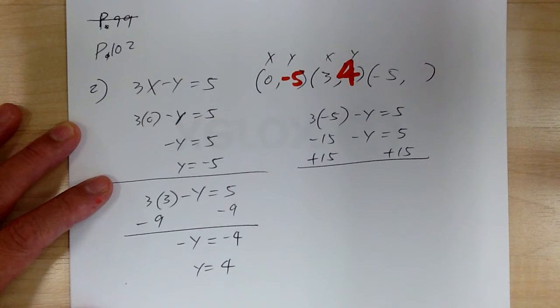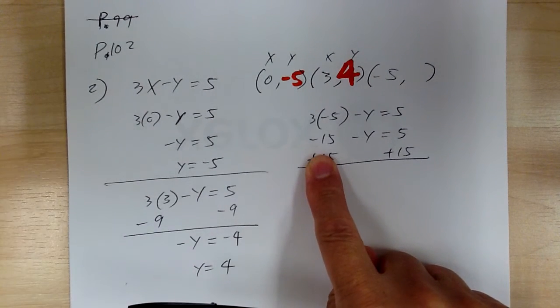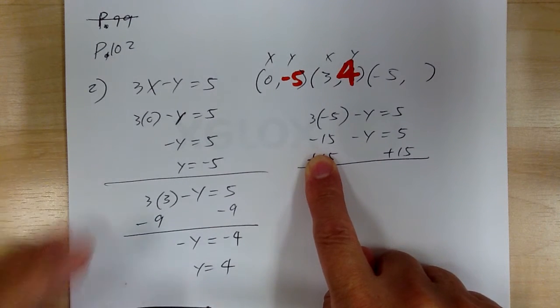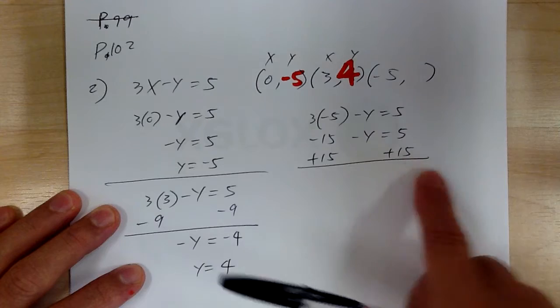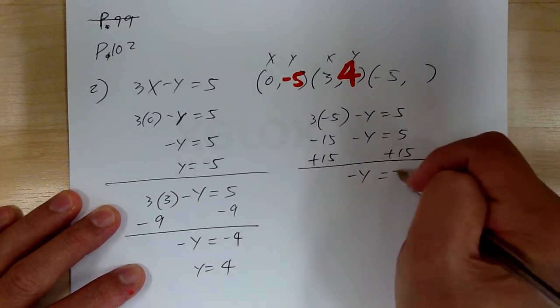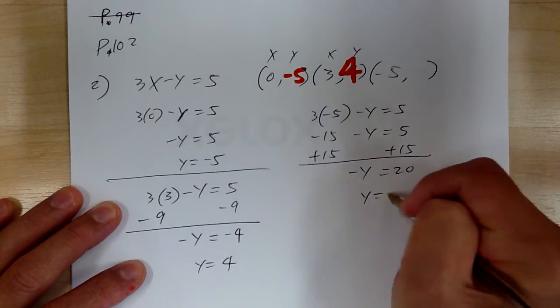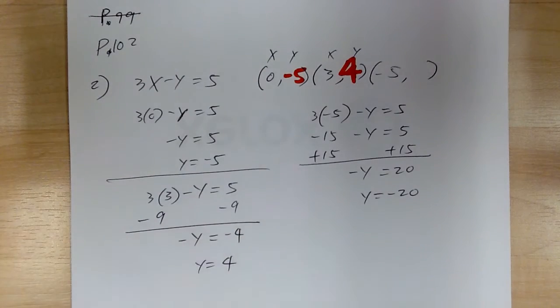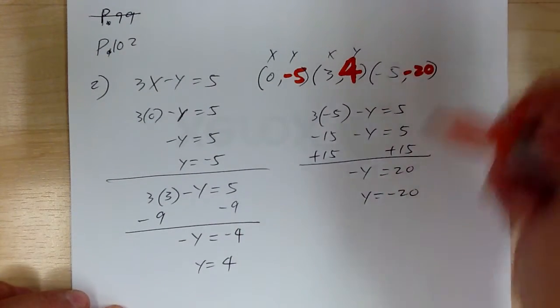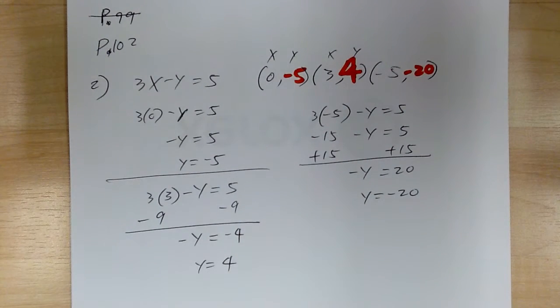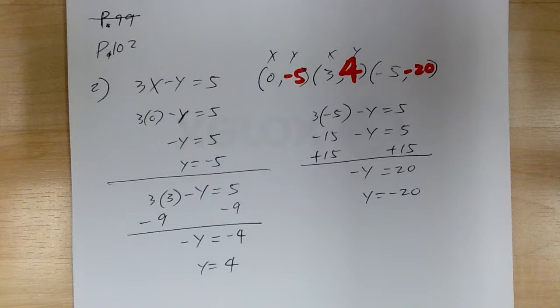Sometimes when you do it in your mind, it can play tricks on you. So write down what you're going to do, and then do it. So y equal to -20. All the problems are the same thing. They're going to give you some numbers, you just substitute and then you work it out.